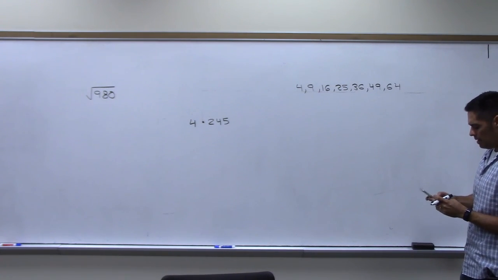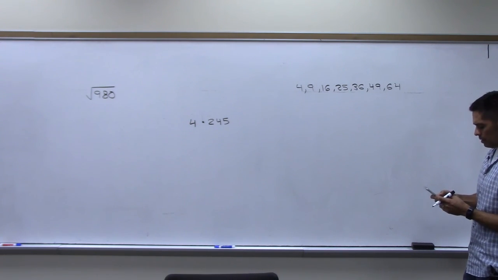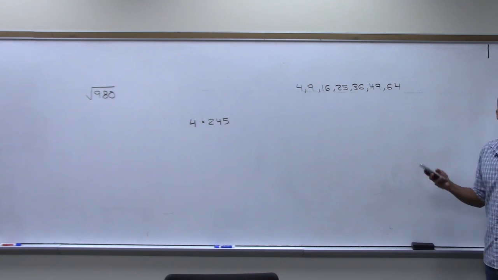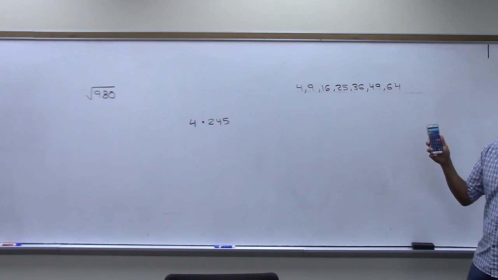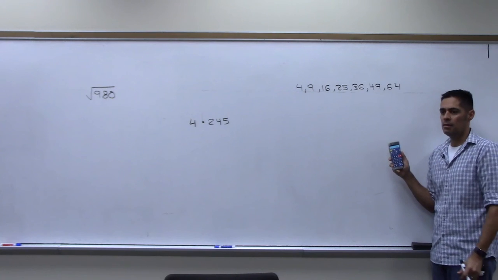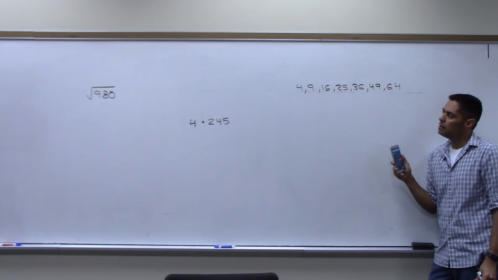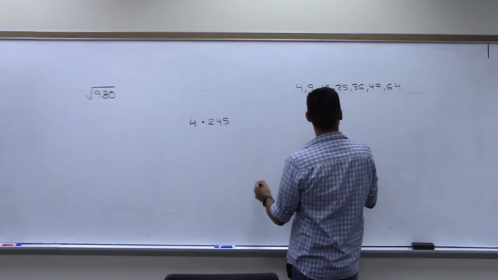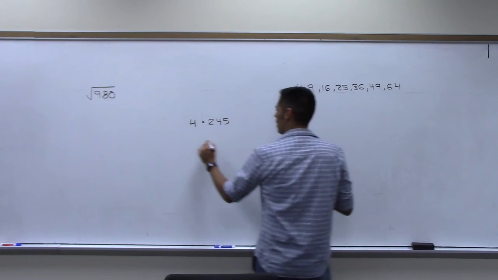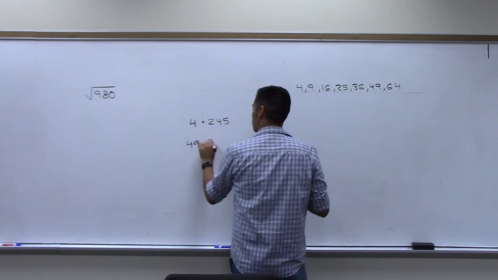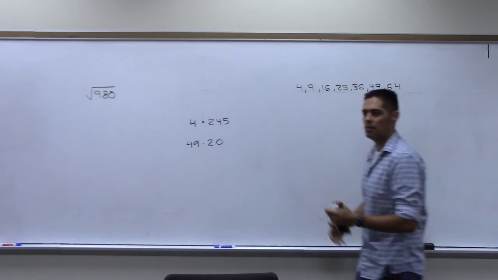No. 980 divided by 36? No. 980 divided by 49? 20. So 49 and 20, right? I could do that.